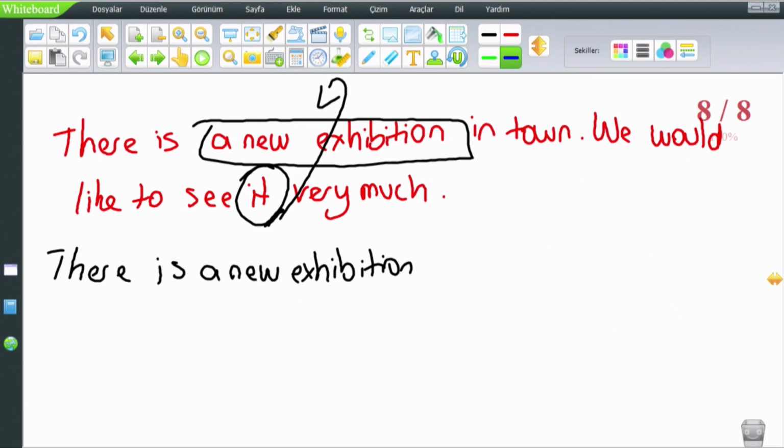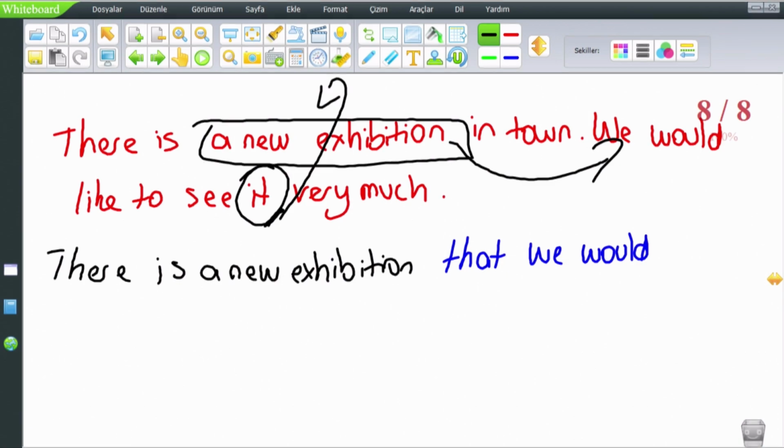So we have pointed out that we have to use a relative pronoun right after what we're defining. That we would, and I continue with the second sentence.